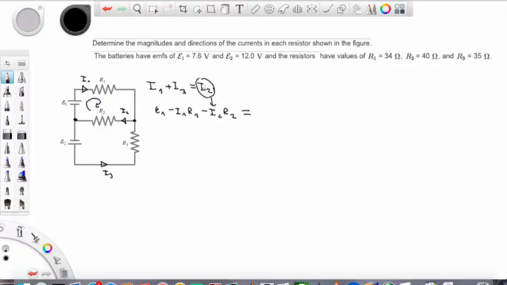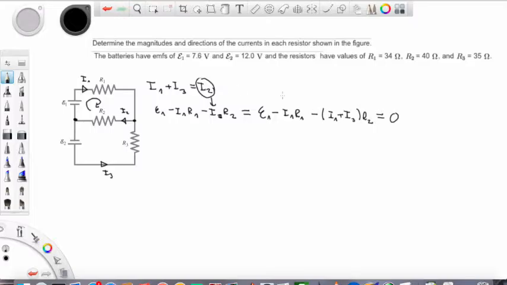So we replace I2 by this relationship, so we can get rid of the I2. After all, we're trying to eliminate variables as we go along, so rewriting this: E1 minus I1 R1 minus (I1 plus I3) times R2. So this must be 0.